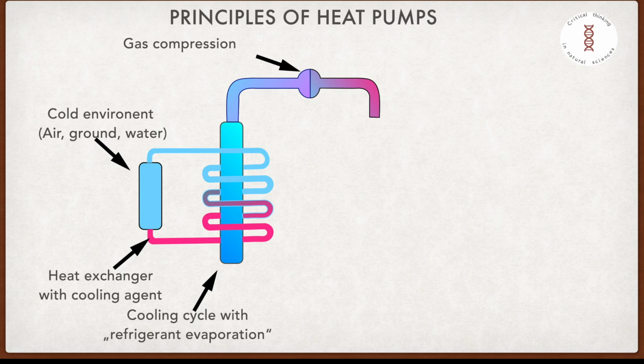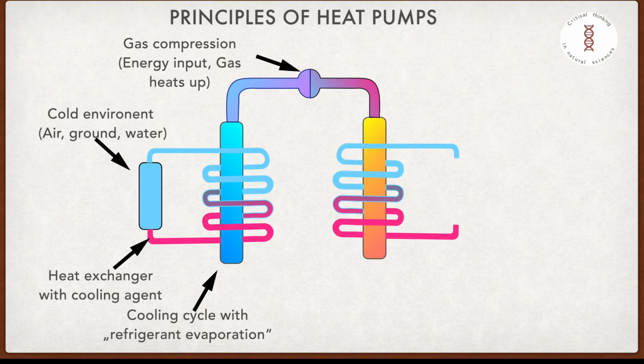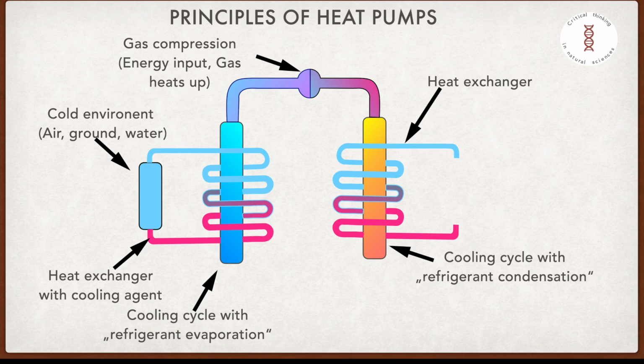And by this compression we put energy into the gas, and also due to the special feature of the gas, it heats up a lot during this compression. And then the hot gas is conducted to another heat exchanger where the heat is extracted and conducted into heating for the house.